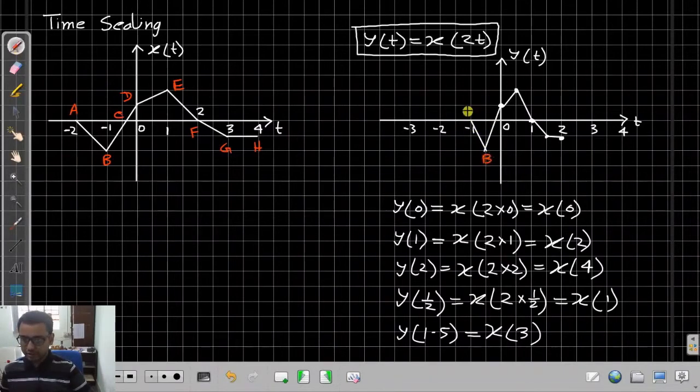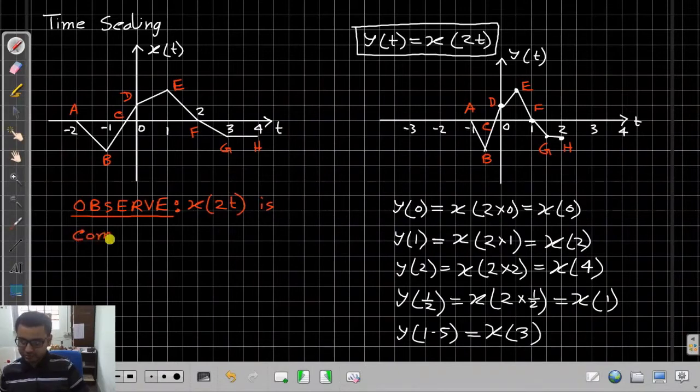This will be point B, this is point A, this is point D, point C is here, point E, point F, G and H. So you observe that x of 2t is squeezed, is compressed by a factor of half, because we have multiplied t with a factor of 2.